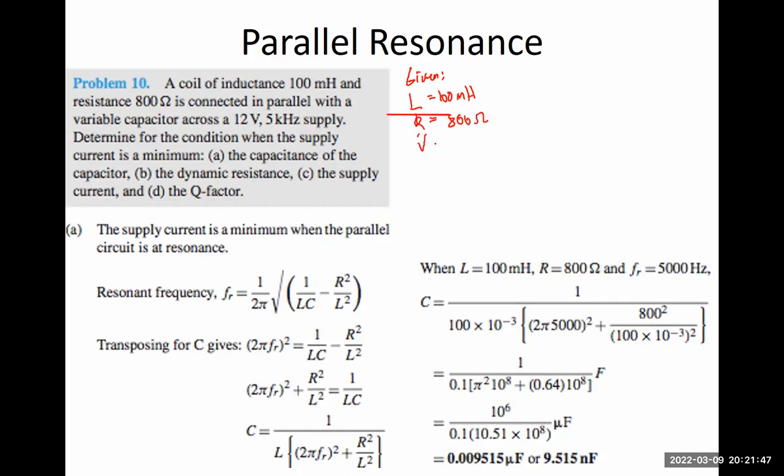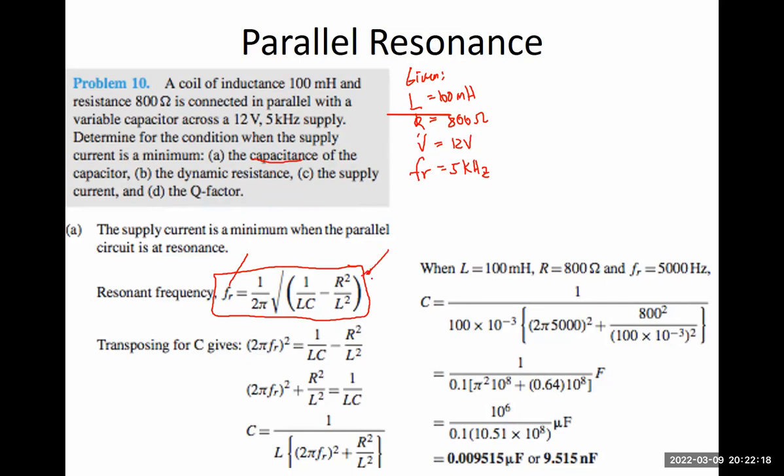V equal to 12 volts, and an FR equal to 5 kilohertz. So this is how we determine the resonant frequency, but we already have the resonant frequency, so what is asked is the capacitance.